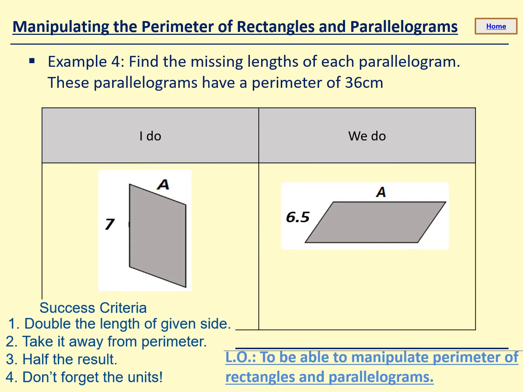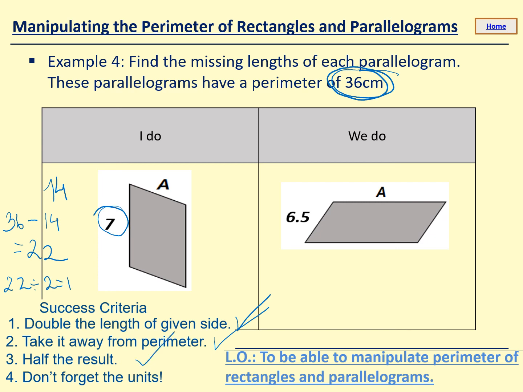Okay, let's do one more. Again, following the success criteria. We have perimeter of 36 and the side of 7. 7 times 2, 14. Done. 36 minus 14, 22. Done. Half the result. Half of 22 is 11.